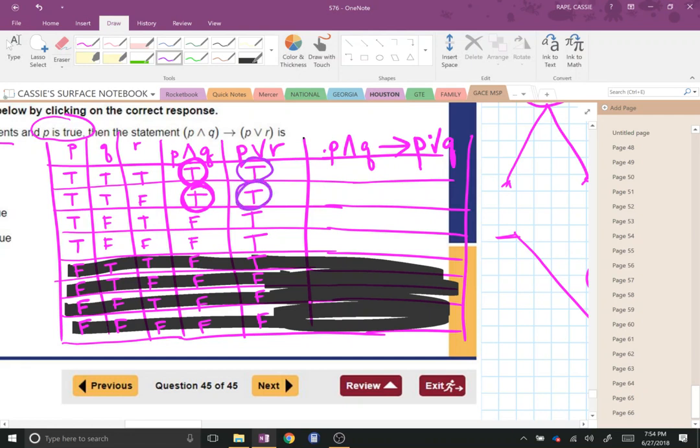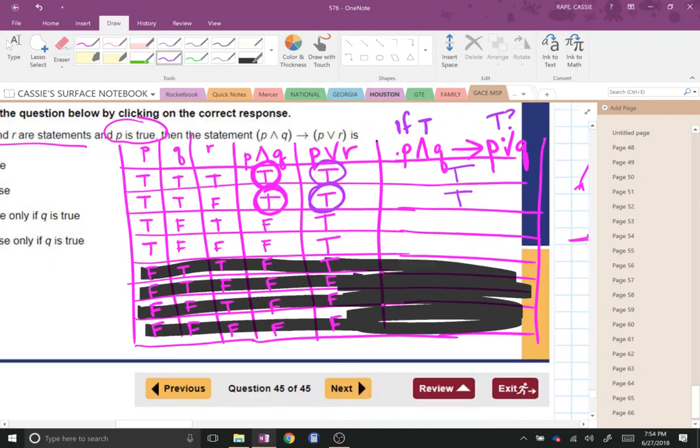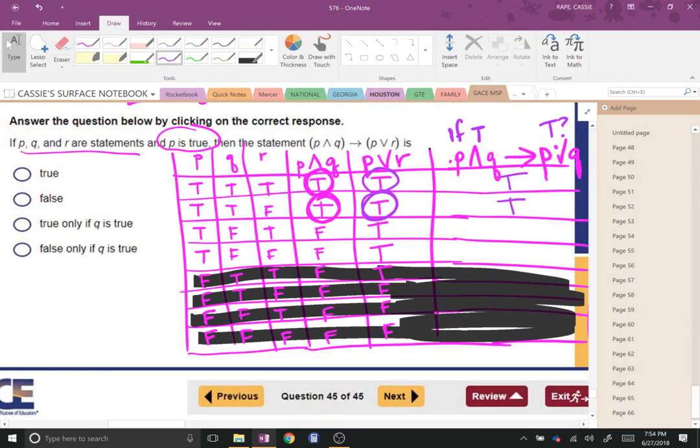So your final analysis is to say, if this is true, like a monkey with a pencil, is this true? And yes, that's true, true. So it wants to know, is that a true statement or is it false? And the answer is A, it is true.